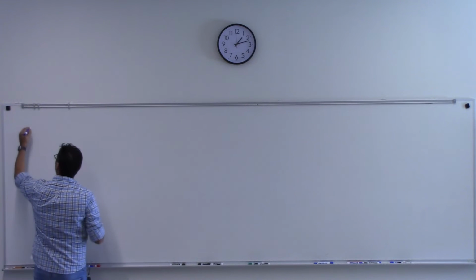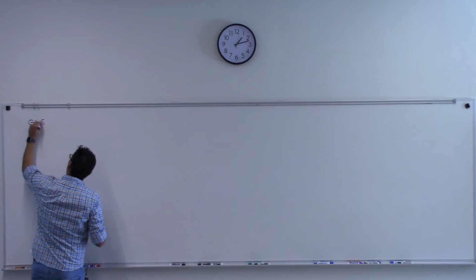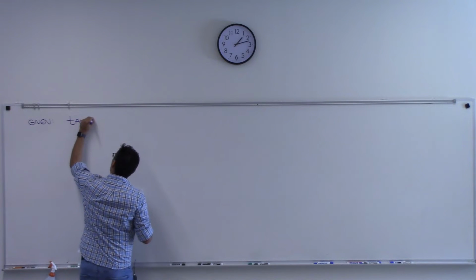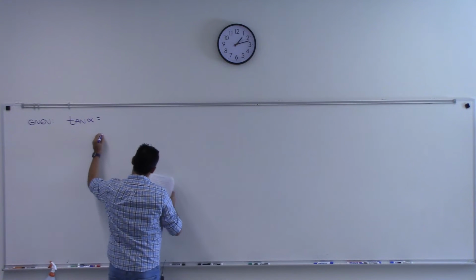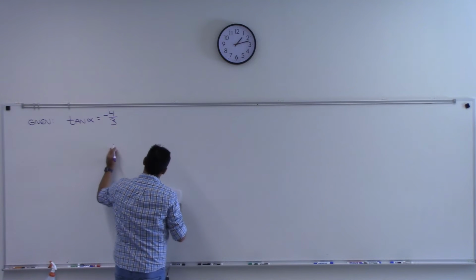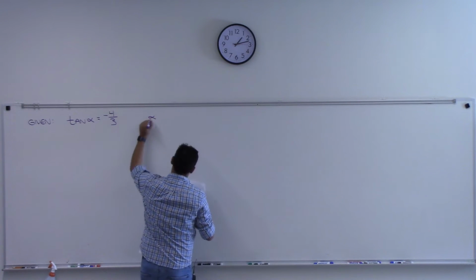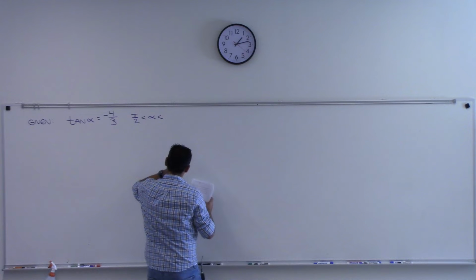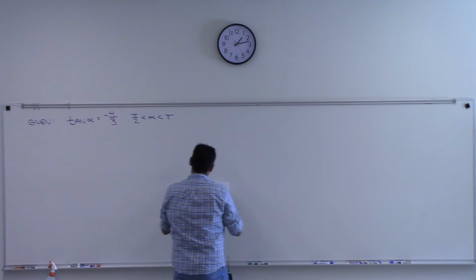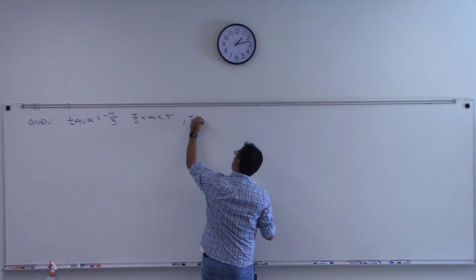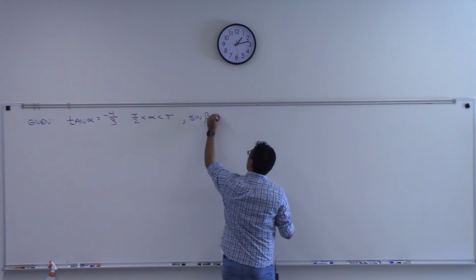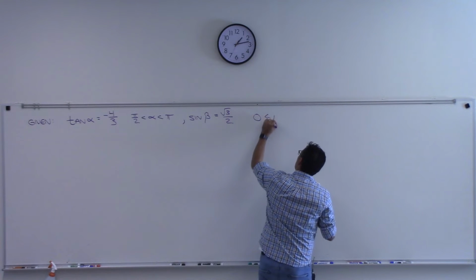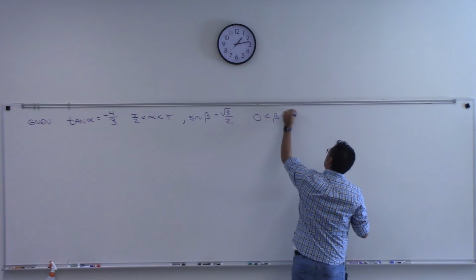Say you're given here that tangent of alpha is -4/3, and I tell you that alpha is between pi over 2 and pi, and then I tell you that sine of beta, some other angle beta, is √3/2, and that beta is between 0 and pi over 2.